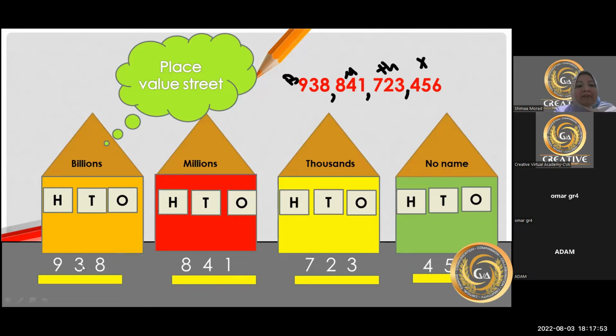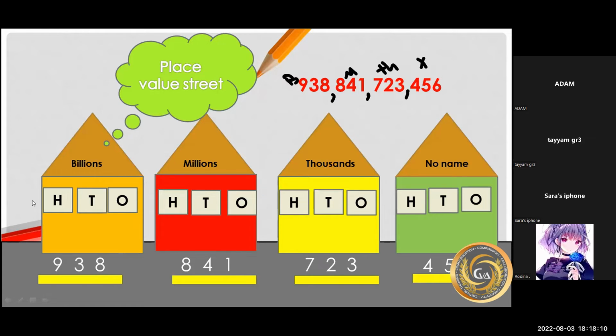Okay, and the 3 is? 10 billions, very good. And 9 is? 100 billions. Very good.